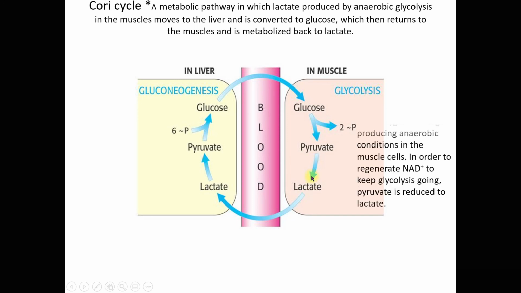Now, what happens in the Cori cycle? First things first, vigorous exercise will lead to an oxygen shortage, producing an anaerobic condition in the muscle cells. In order to regenerate NAD+ to keep glycolysis going, if you recall, glycolysis needs NAD+, pyruvate will be reduced to lactate in the muscle.